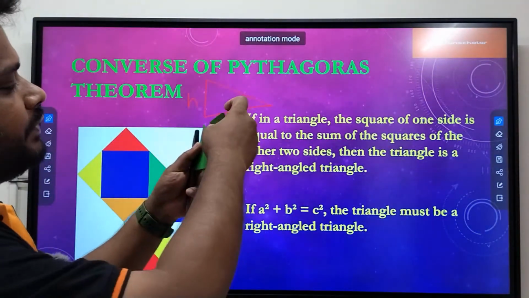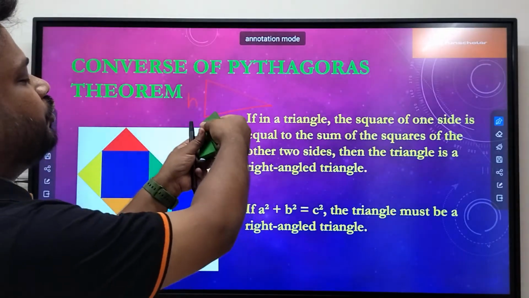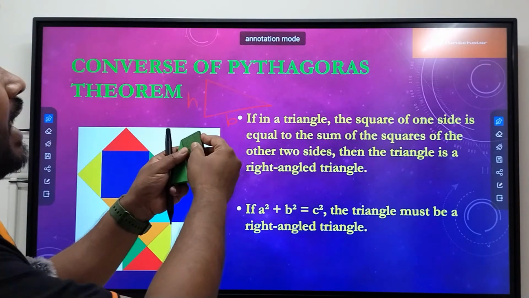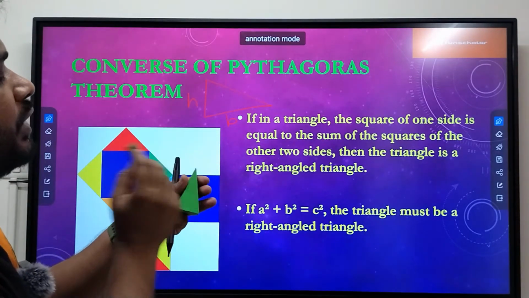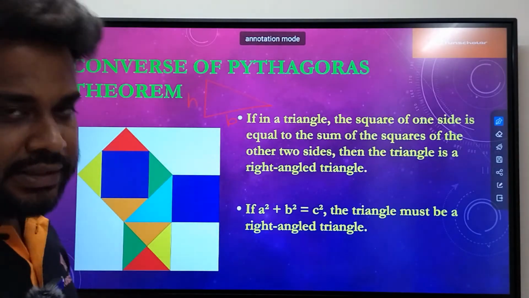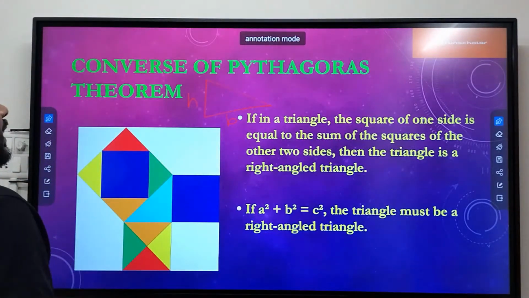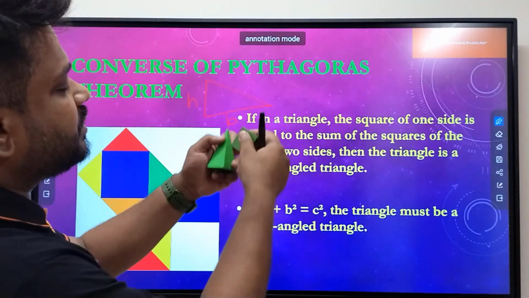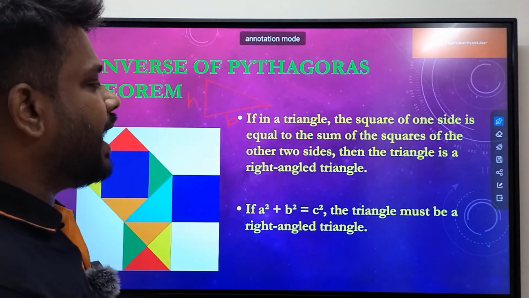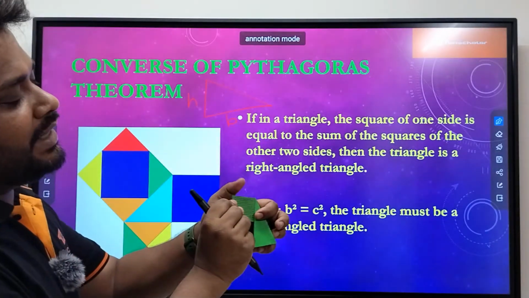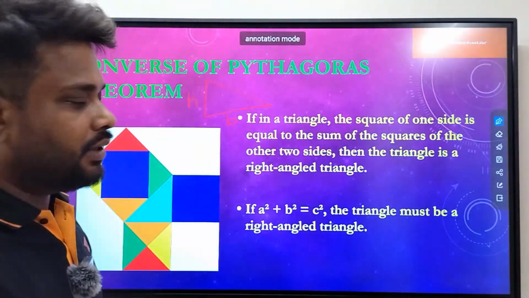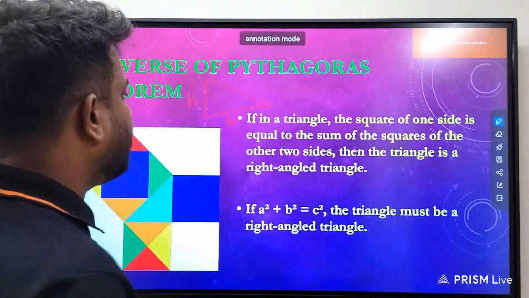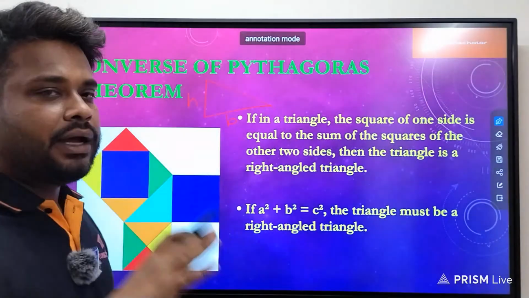So if this is a triangle and we put a square on its hypotenuse, and 2 other squares on the base and the height, then if the area of the square on the hypotenuse is the same as the sum of the areas of the squares on the base and height, the triangle is a right angle triangle.